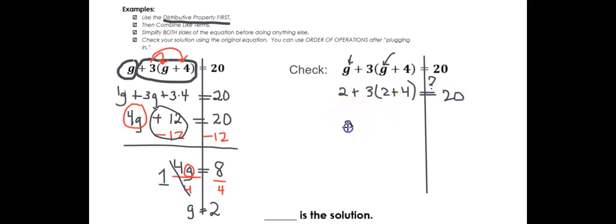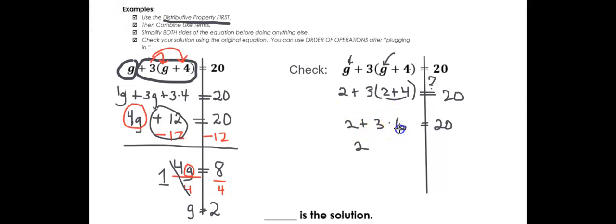Okay, on this side, I'm just going to funnel my work. I can add what's inside here, so I'm not going to use the distributive property. I think it's just quicker and easier just to add because I can. So I don't have any unknowns. And I'm wondering if that's going to give me 12 or 20. And I get, whoops, I made a mistake up there. That should just be 6. I don't know where I got that from.